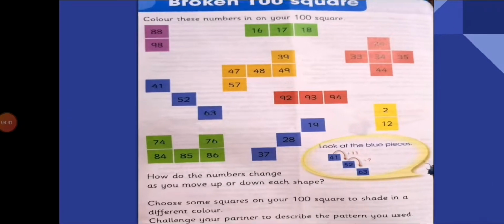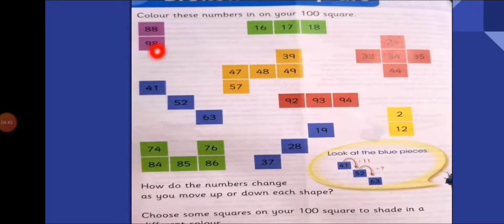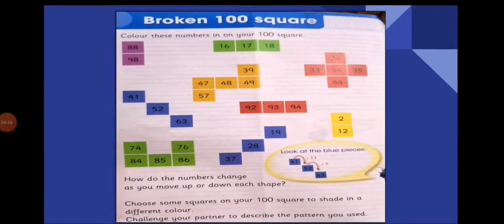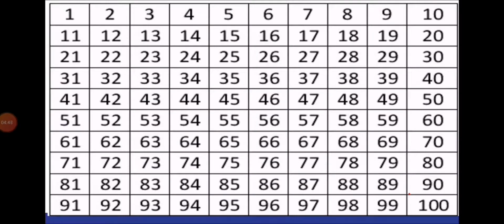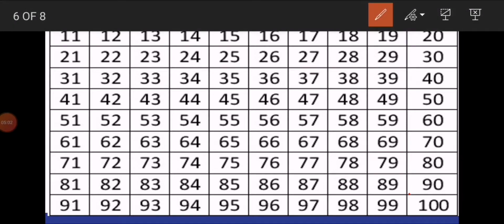Look at the first one. The first one is 88 and 98. So first let's find 88 on the 100 square grid. Look at the 80s line. So 88 is here, and down from 88 is 98. Let me highlight it first. 88 and 98.